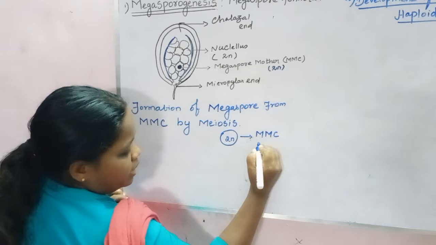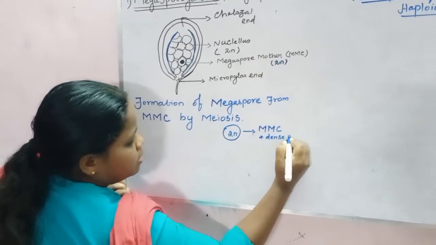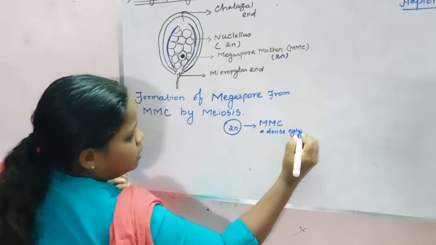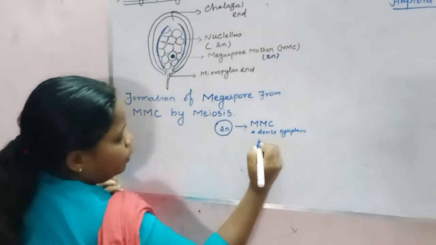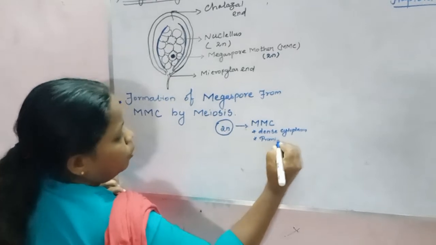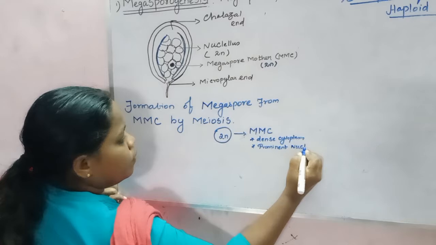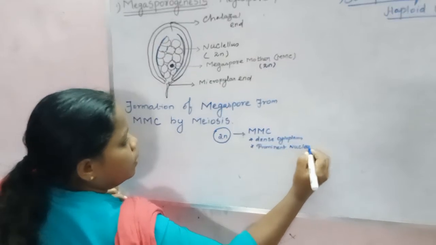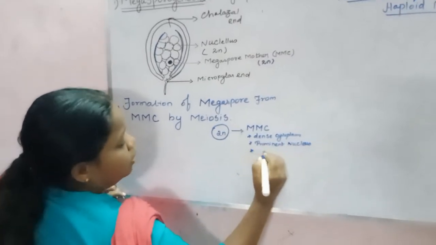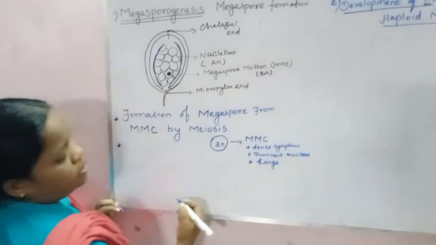It has dense cytoplasm and a prominent nucleus. It is a large cell, that is MMC.